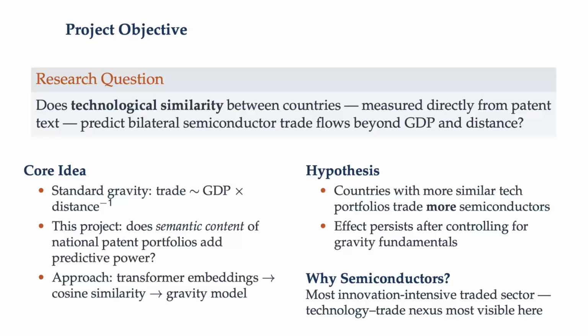Getting the significance level out of that model is the ultimate goal and result. I expect that countries with more similar technology trade more, and even when we control for all the gravity variables, we can get the same persistent results. So that is the statistical hypothesis I want to test.